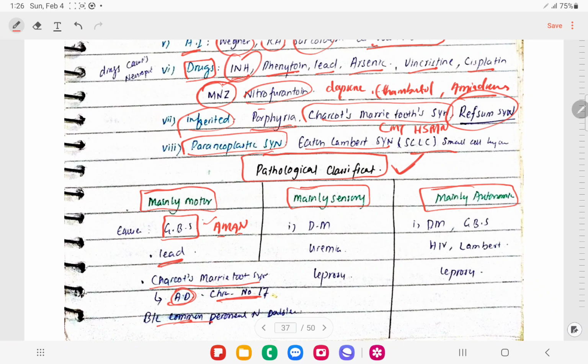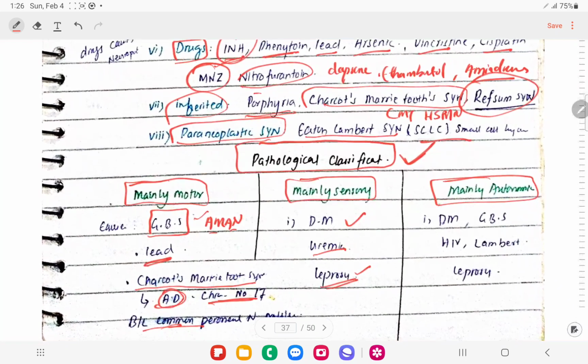So mainly sensory nerves are involved in diabetes, uremia, and leprosy, right? So if we talk about autonomic nerves being involved, in GBS, that is AIDP, acute inflammatory demyelinating polyneuropathy, right? We have four important types of GBS.